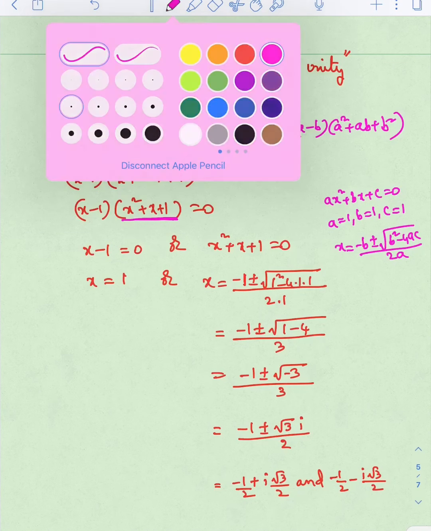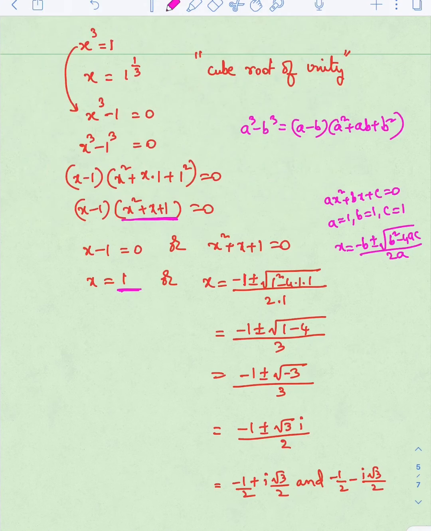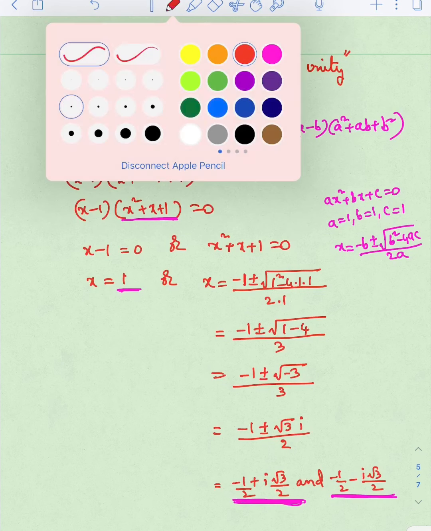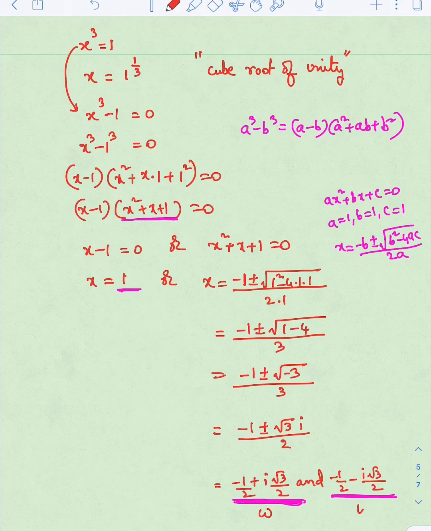What they are? They are 1, this one and this one. And this is treated as omega. This is what? Our omega. And this is omega square. So what are cube roots of unity? 1, omega, omega square.